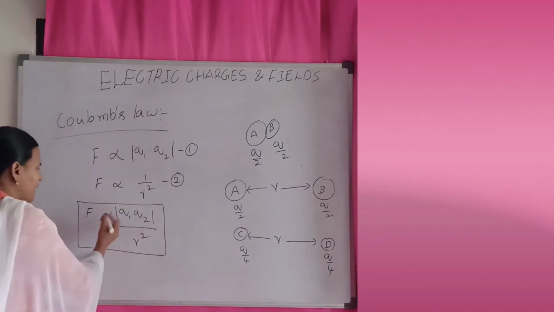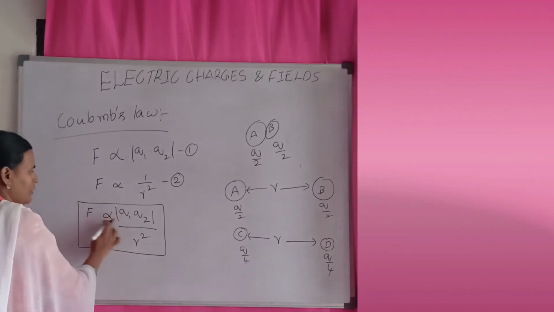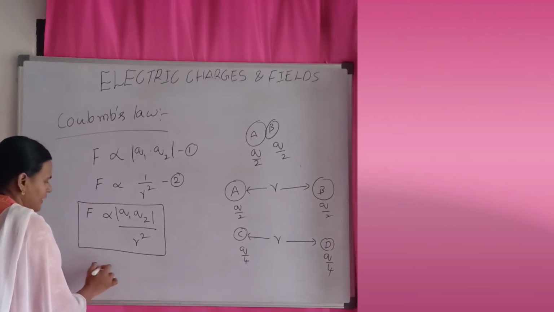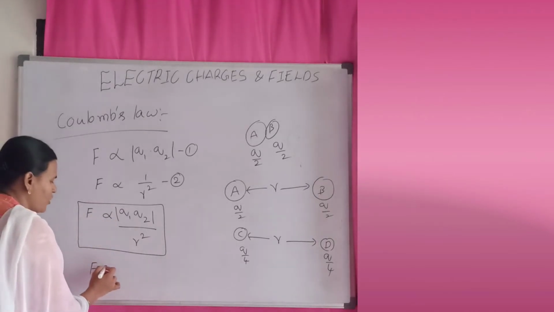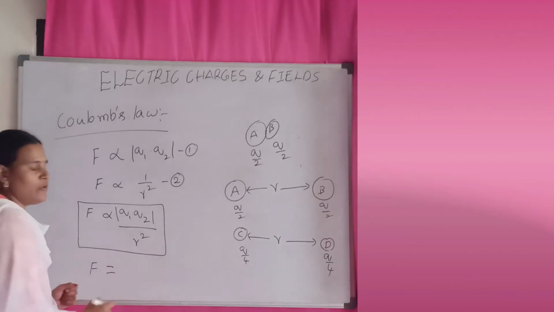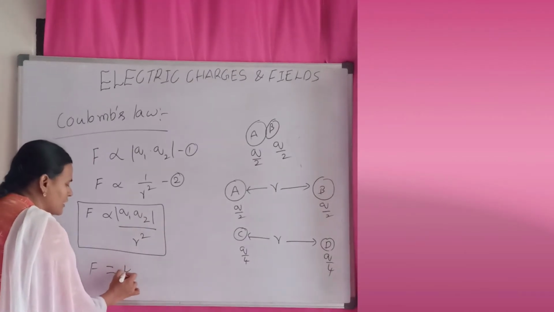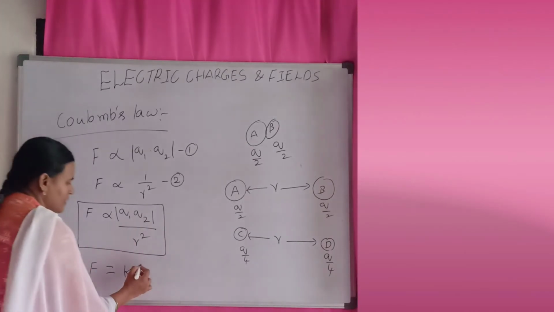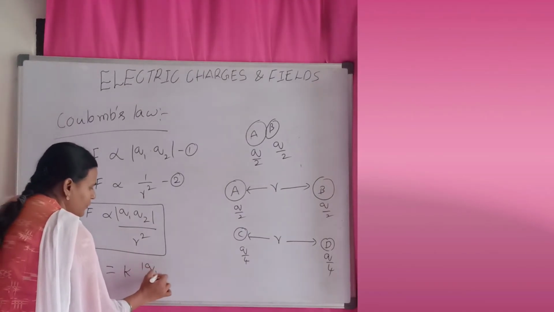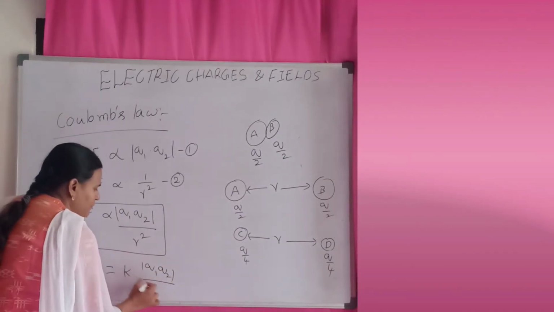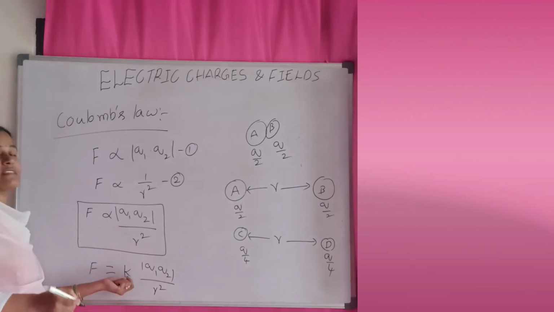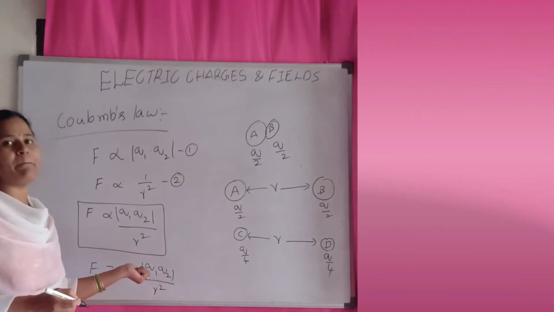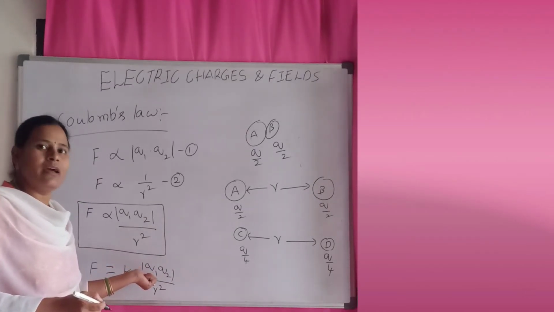And now, when you remove the proportionality and write the equals sign, you get one constant, that constant is k. So F equals k into q1 q2 by r square. So what is this k? K is related to the permittivity of the medium.